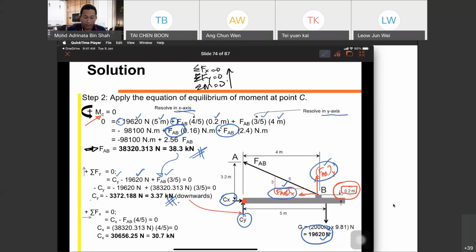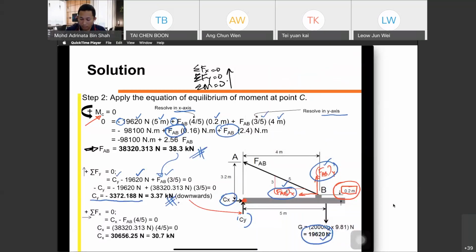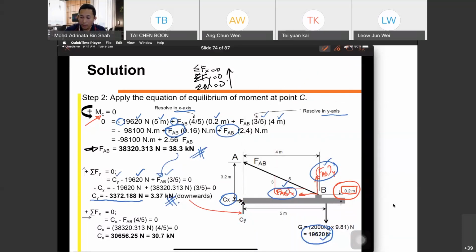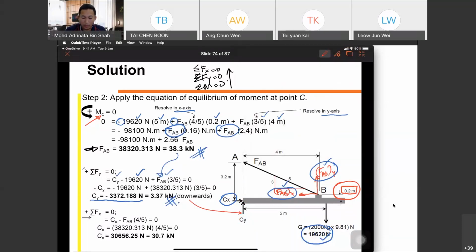See, CY is negative. So because of your assumption that CY is upward, but the answer is negative.